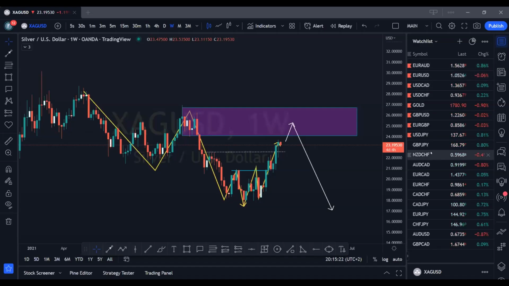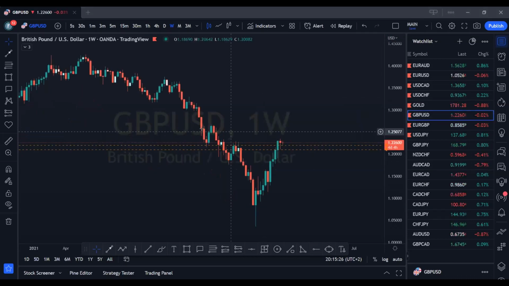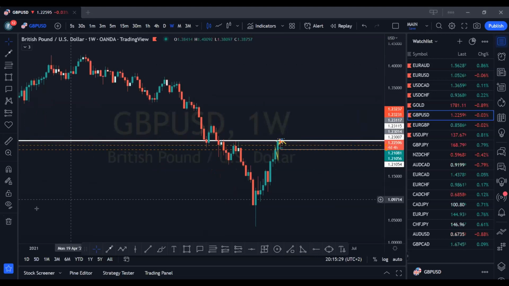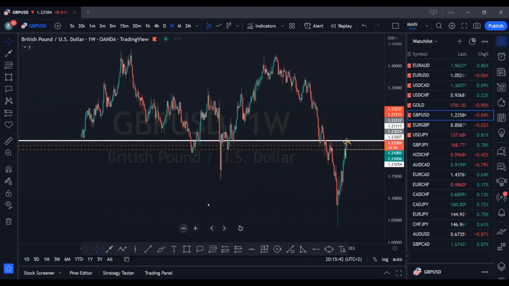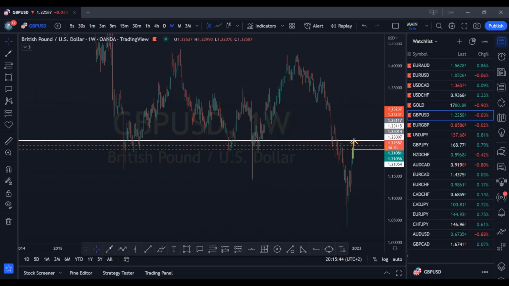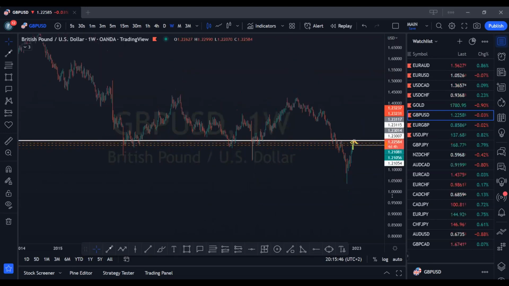So let me go back to GBP USD then. Now, I like the way you analyzed your GBP USD, which is good. So let's look at what you have. This is GBP USD, right?